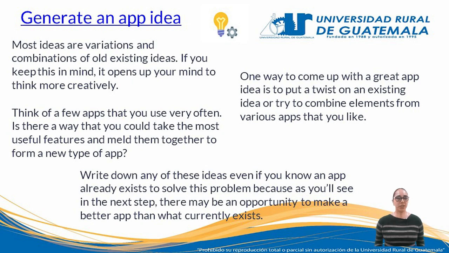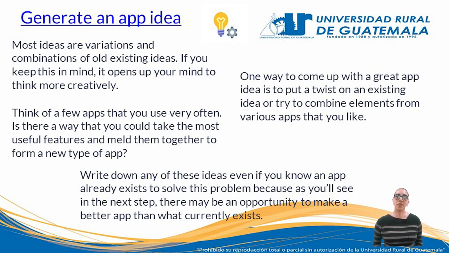One way to come up with a great app idea is to put a twist on an existing idea or try to combine elements from various apps that you like. If you like 2 or 3 applications and you think that you can put all these ideas together and combine these elements to get a new application, that's something that you can do.